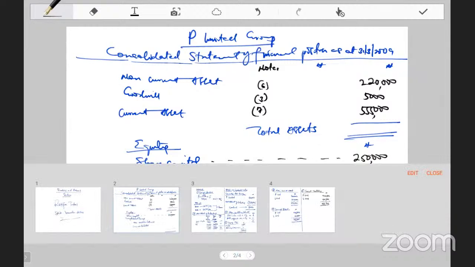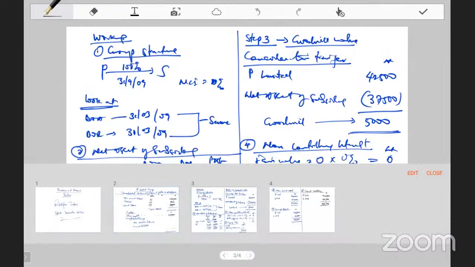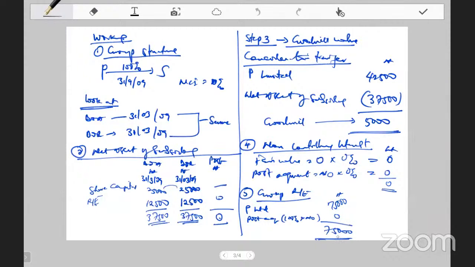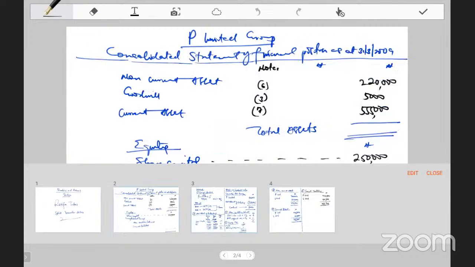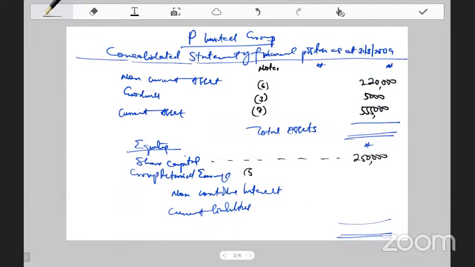I need my group retained earnings. That is working 5, and how much is it? 75,000. So I have 75,000.